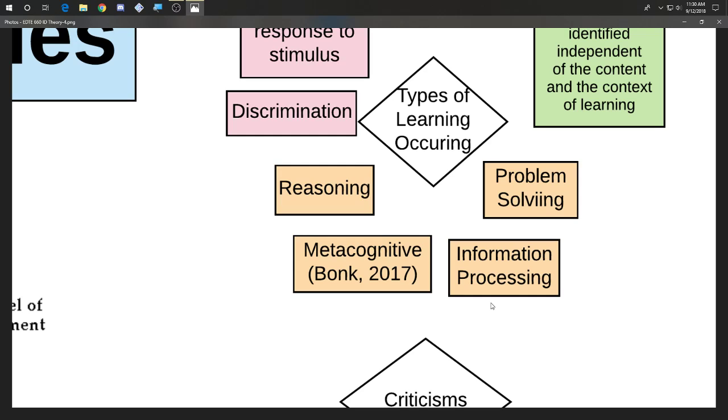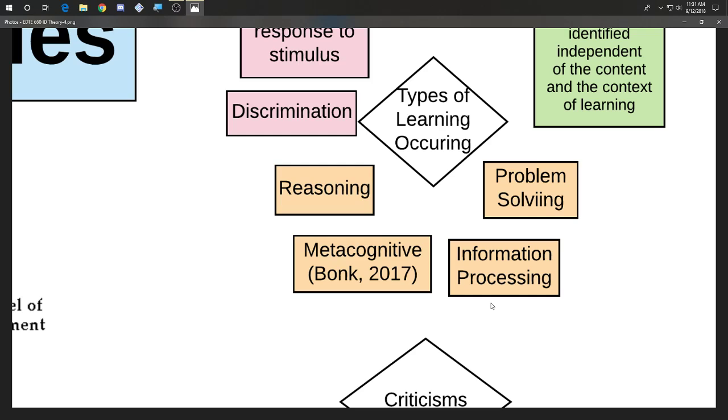Or reasoning, which is in and of itself a very big topic, but actually developing a mental algorithm as to how to approach a specific task, process, problem, idea, or whatever it is that we're trying to do. And it's our mental algorithm that helps us work through that.